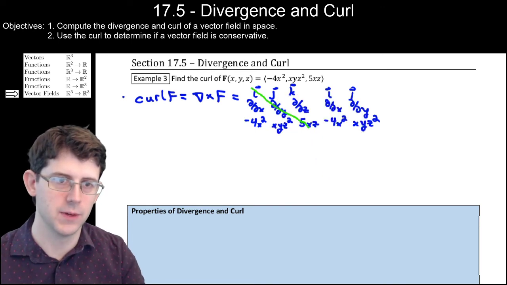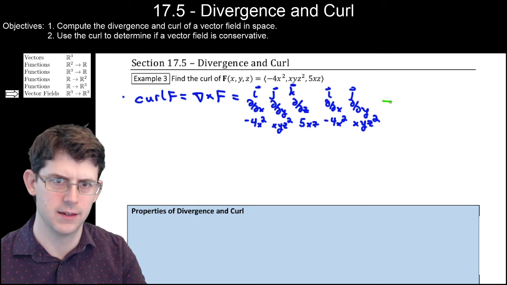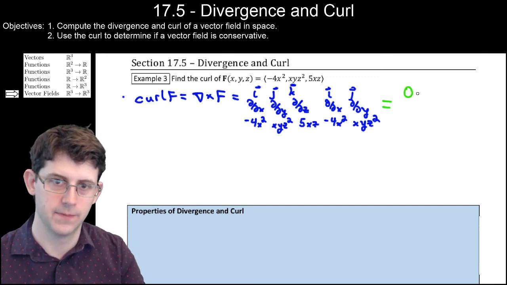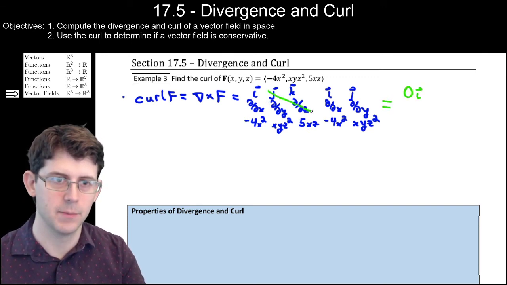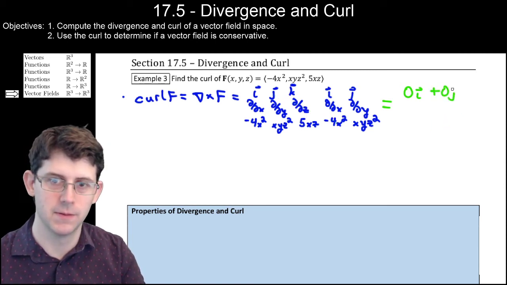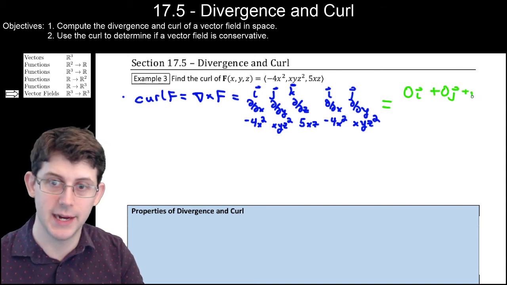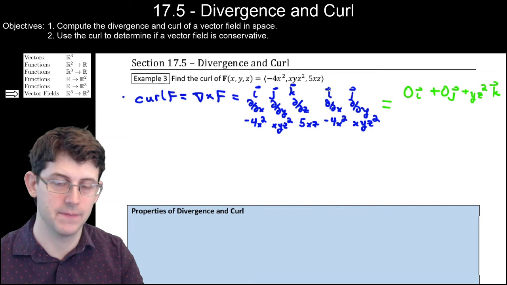So the forwards one, we get partial y of 5xz. That's 0. Then I get partial z of minus 4x squared, also 0. Then I get partial x of xyz squared. That actually has something. The partial x of xyz squared is yz squared, and this was attached to k.